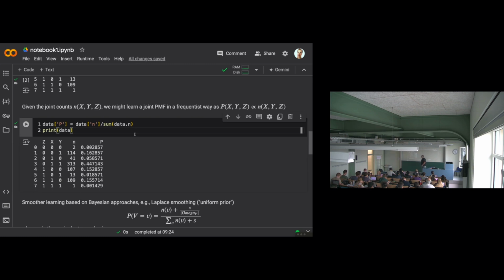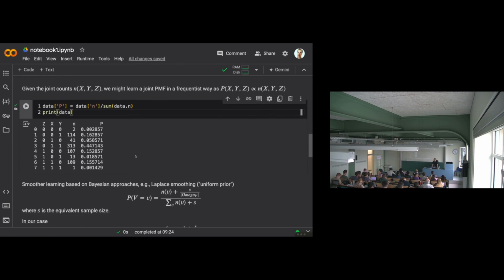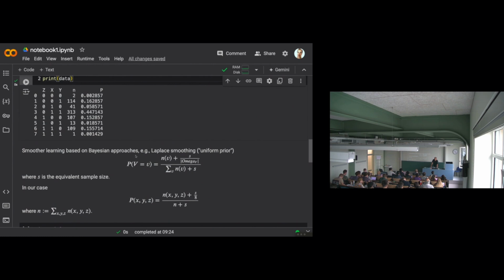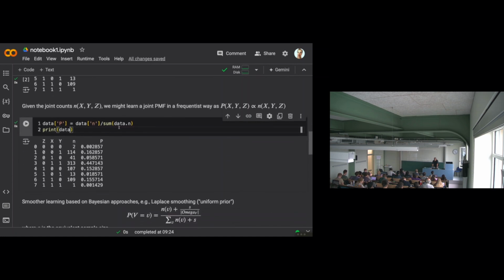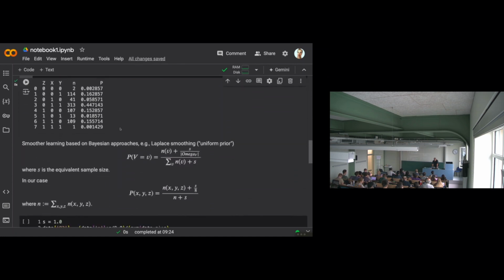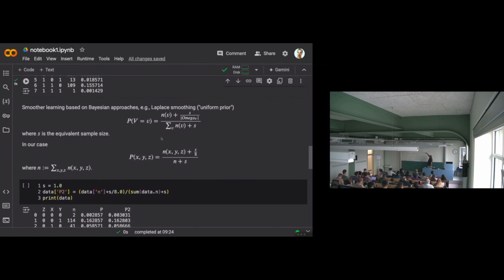So it's much more reasonable to go for a Bayesian learning. For instance, we can set a prior which is uniform over the 8 states, and we are basically smoothing this ratio. Instead of computing the ratio between the counts and the total number of observations, we are doing something like this: this is the count, this is the sum, the total number.